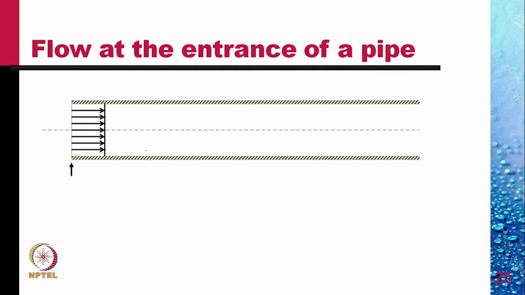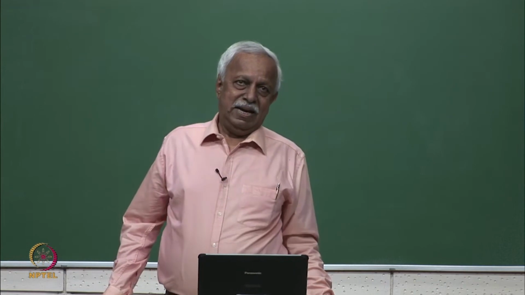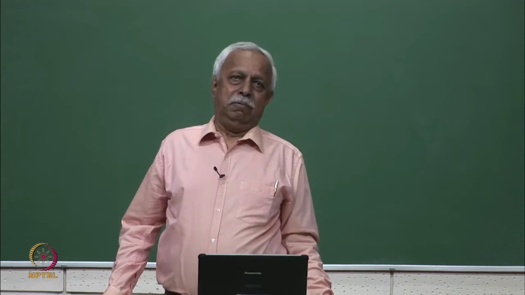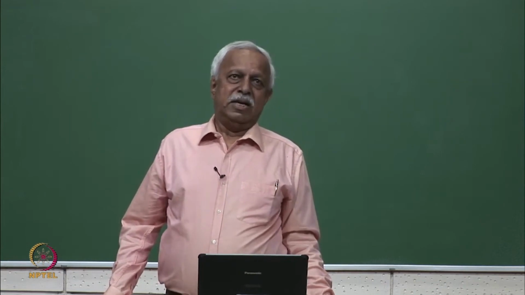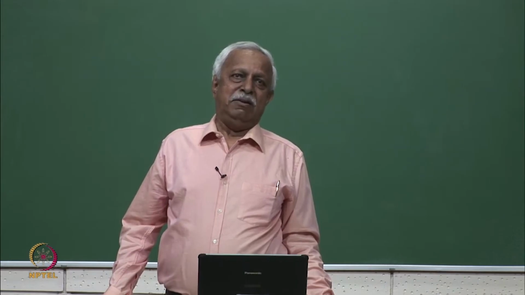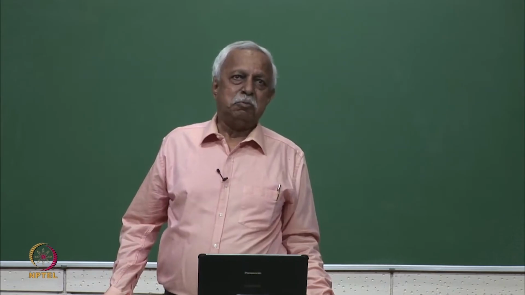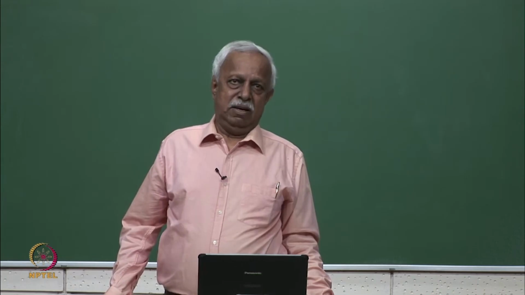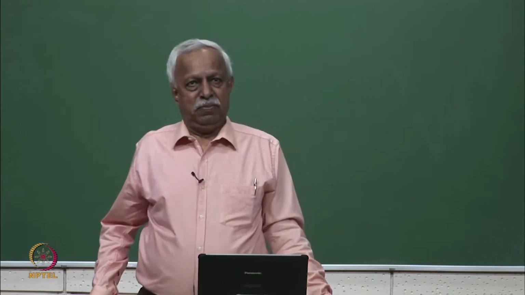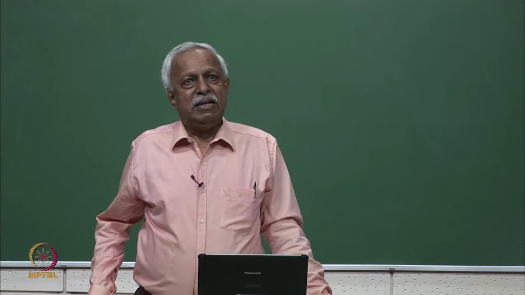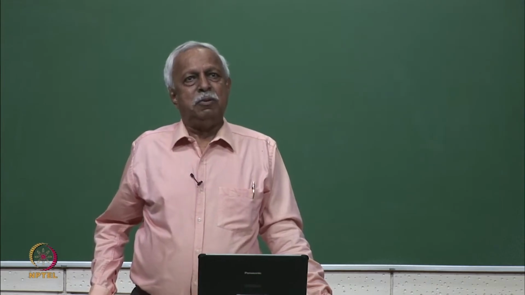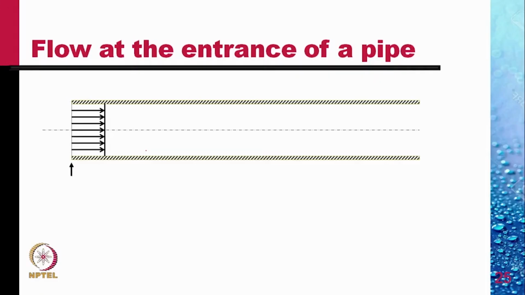We mentioned in the last lecture that any fluid adjacent to a solid wall does not slip at the wall. It has the same speed as the wall speed. So if the wall is stationary, the fluid exactly adjacent to the wall would be stationary, would have zero velocity.